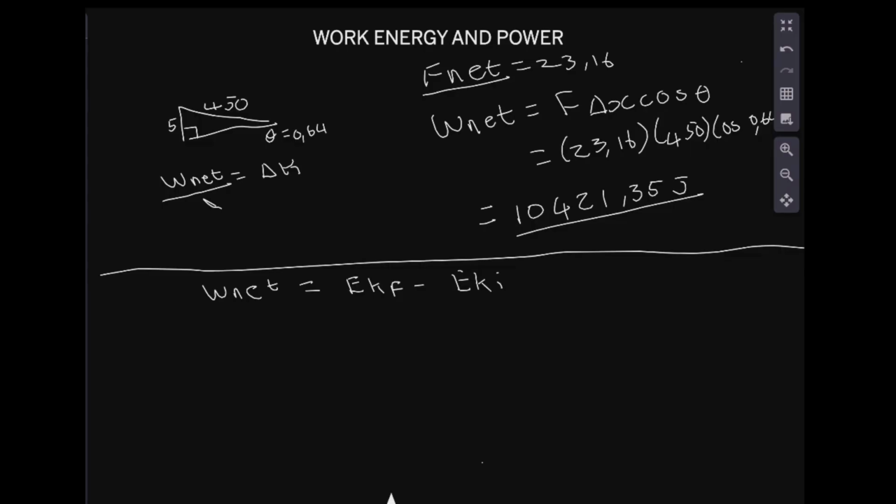Then I'm going to plug all of this in. We need the final speed, right? So I'm going to say a half m v squared final is equal to work net plus a half m v initial. But remember, let's go back to the question.